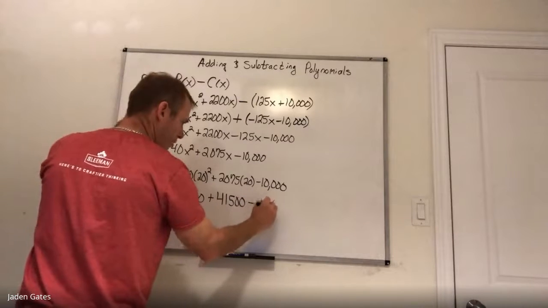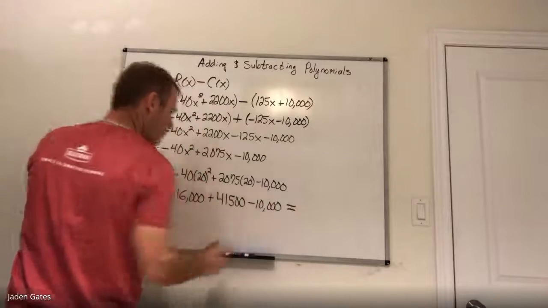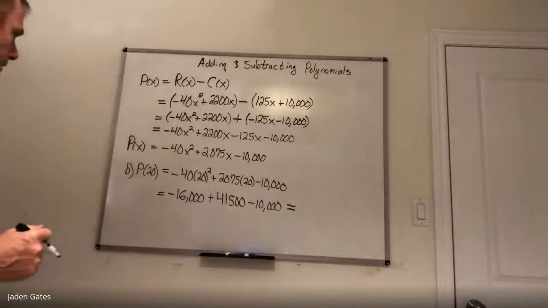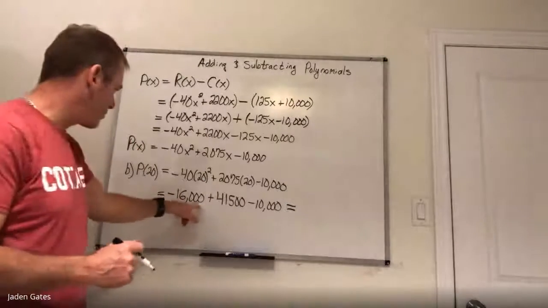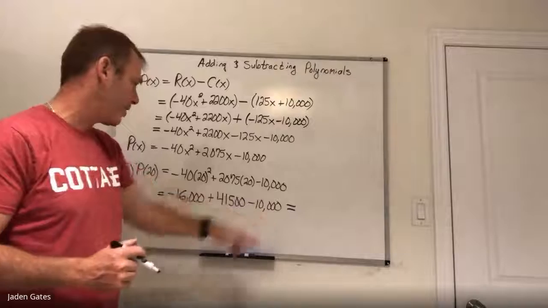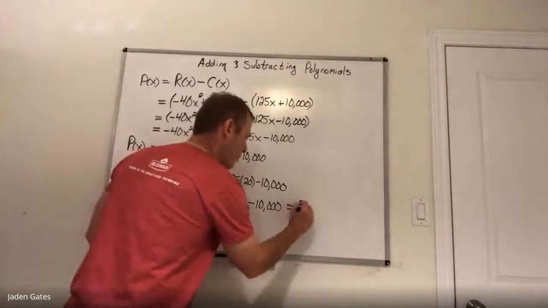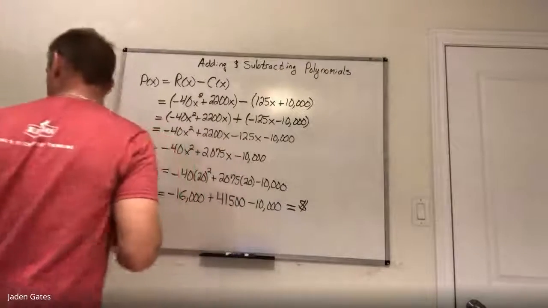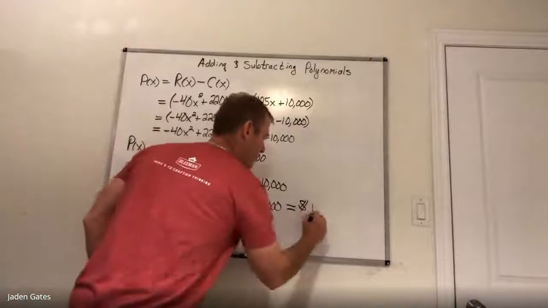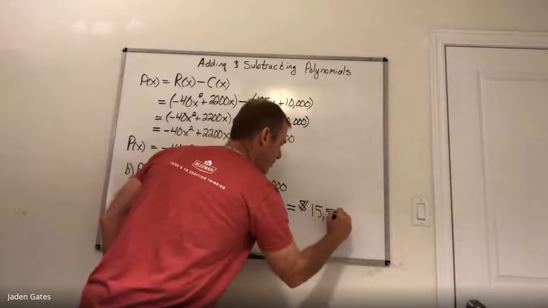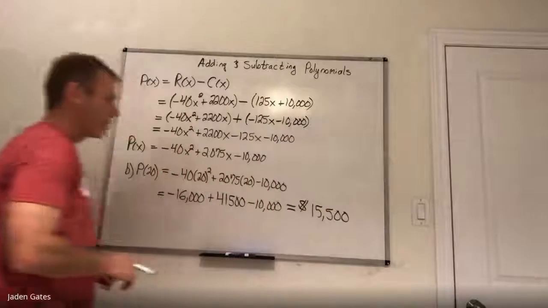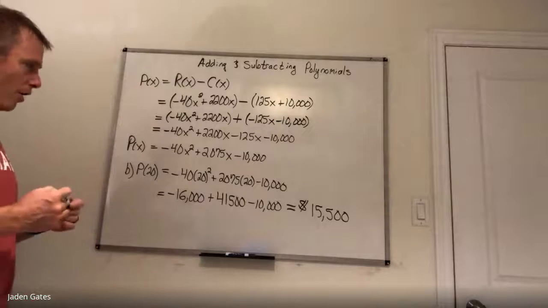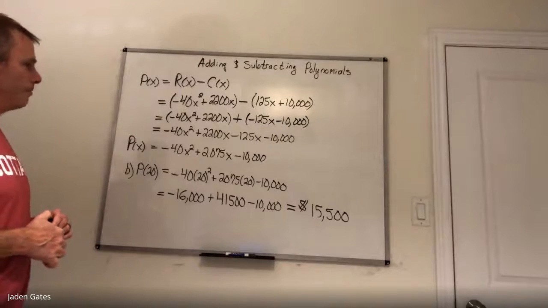That doesn't have an x variable, so that's not going to change. I do a little bit of math. And let's see, minus 16,000 plus 41,500 minus 10,000. Looks like we're in the positive. That's a good thing for a profit. And the final answer is $15,500 if Chris sells 20 golf carts. And there we go.